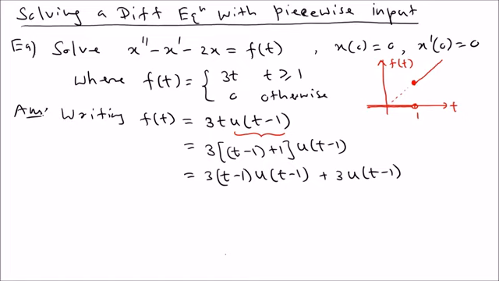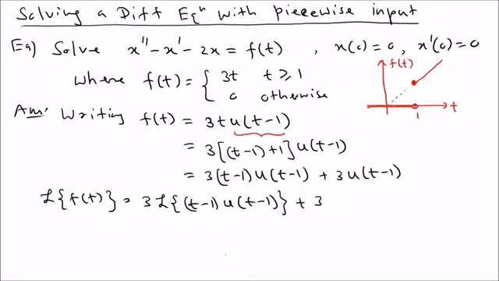The Laplace transform of f(t) is 3 times the Laplace transform of (t minus 1) u(t minus 1) plus 3 times the Laplace transform of u(t minus 1). And we know that there are formulas for both. So the first one is simply 3 e to the minus s over s squared, because the function is t, so that's the Laplace transform of 1 shifted.